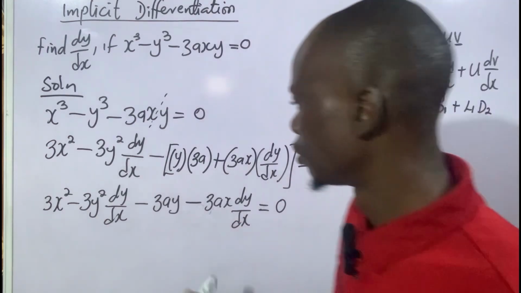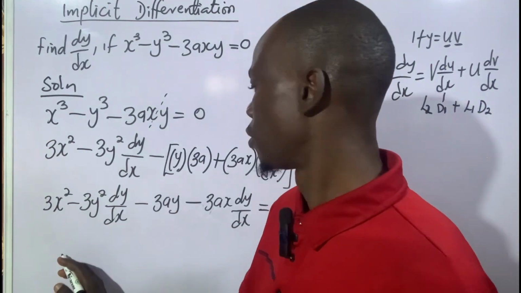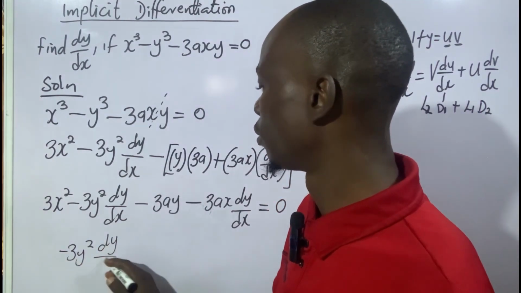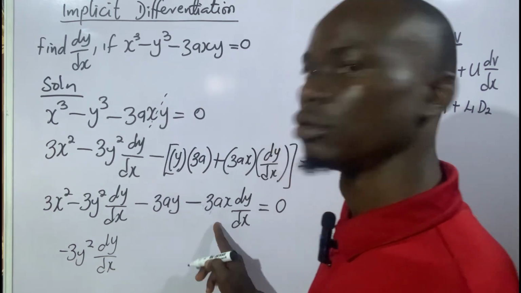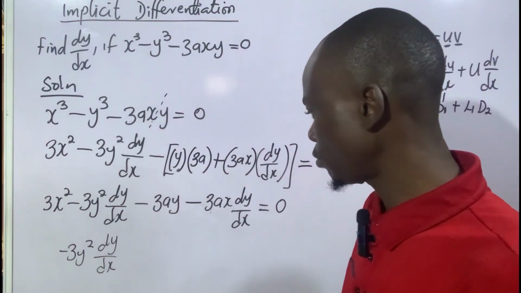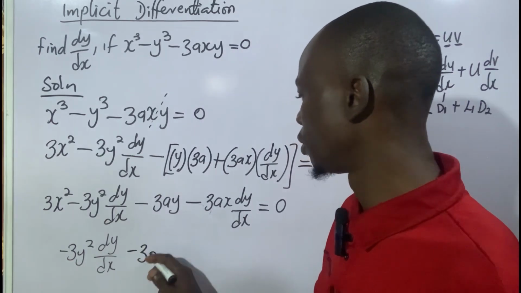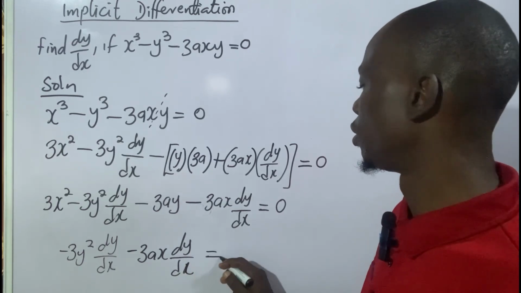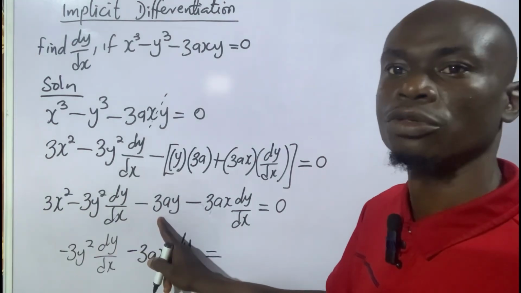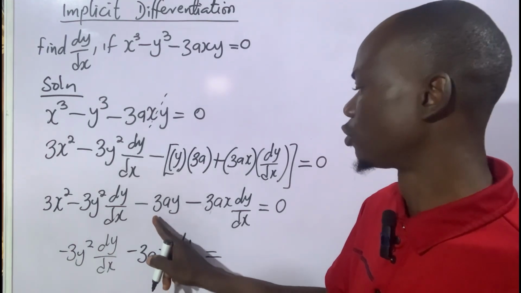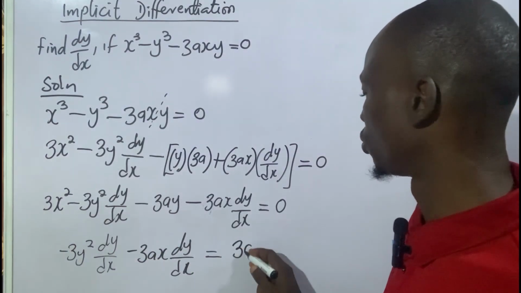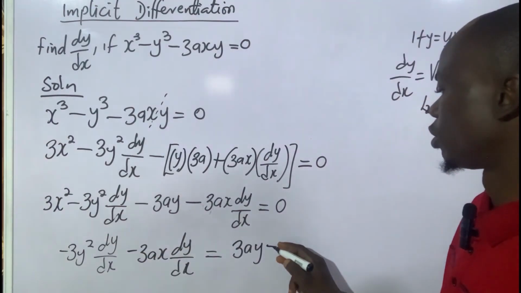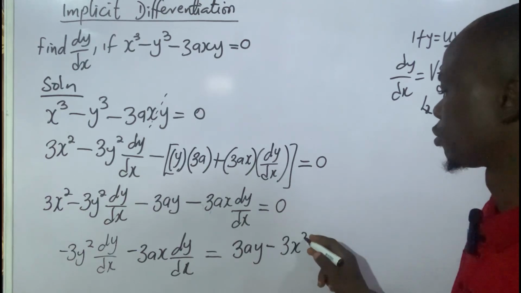If I do that, that means I'm going to have minus 3y squared dy/dx minus 3ax dy/dx equal to, these two guys will cross. We don't have dy/dx. So let's cross the negative one first so that we can start with a positive 3ay. 3x squared crosses, we have a negative 3x squared.